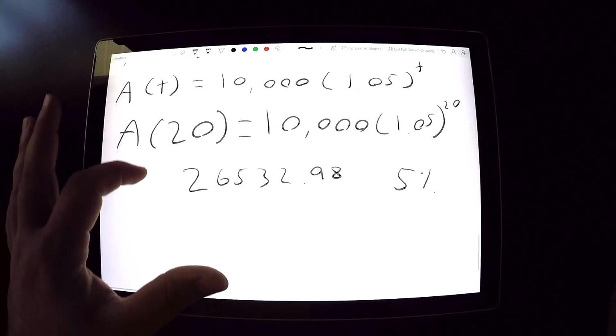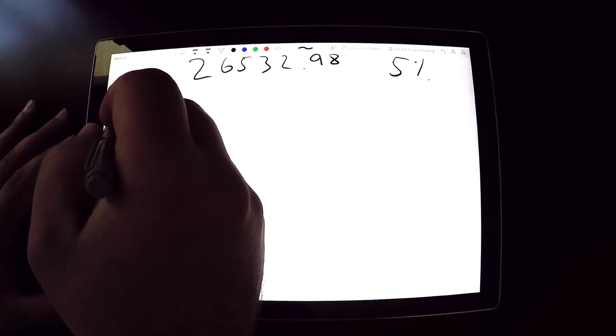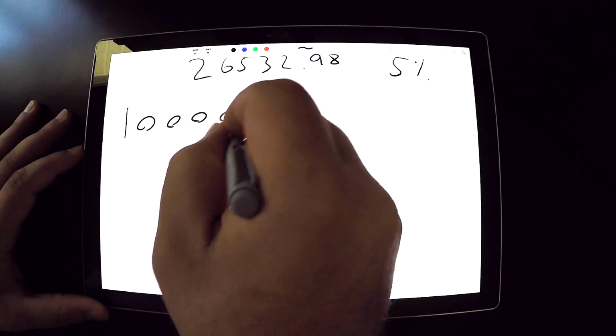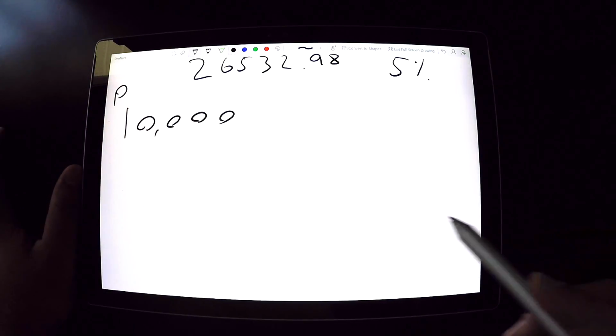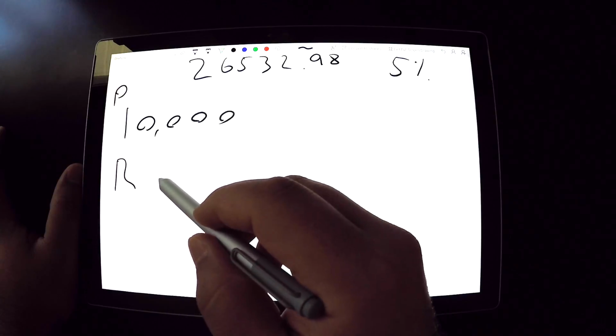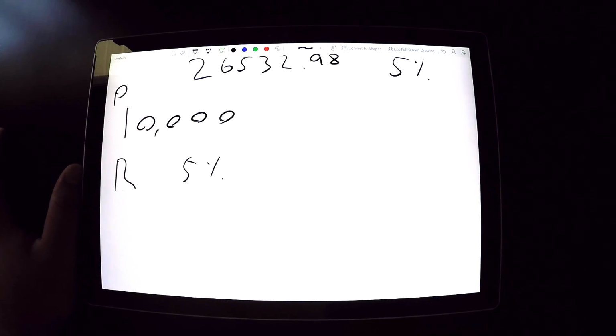Now let's do this monthly. The principal P is still 10,000, and the interest rate R is still 5%, and the interest is earned 12 times a year.